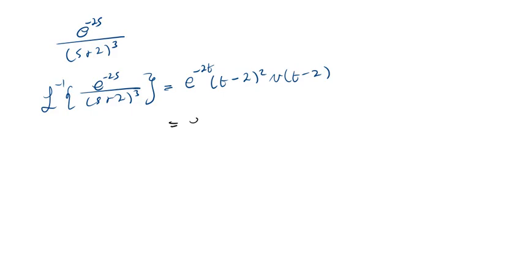Thank you for that observation. So I misplaced s with, I mean t with s. Yeah, thank you, Daniel. So we have 2, then we say t minus 2 here. Then we have t minus 2 squared u of t minus 2, like that. Okay, so that's basically that.